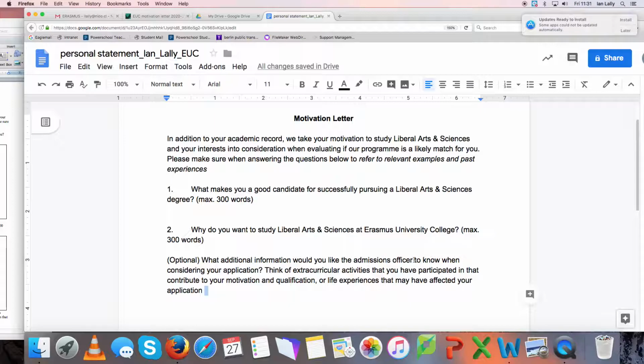I used an example in class today of someone who wrote a personal statement about living in Rio and having to move out of Rio because of destabilization, of the gang situation there. They wrote, because of destabilization of the gang situation, I had to move out of Rio. And I said, okay, but show me what happened.